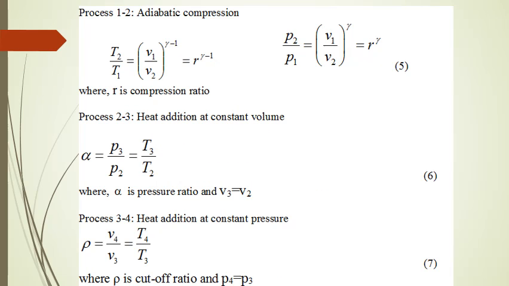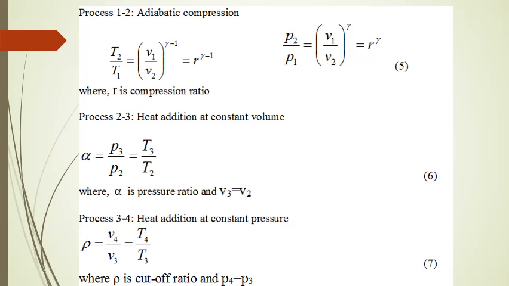So we describe all the processes one by one. Adiabatic compression, similar to the previous both cases, we are having T2 upon T1 is equal to R raised to power gamma minus 1 and P2 upon P1 is equal to R raised to power gamma. Now process 2 to 3, heat addition is taking place at constant volume.